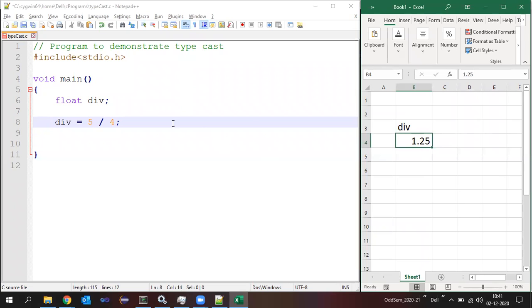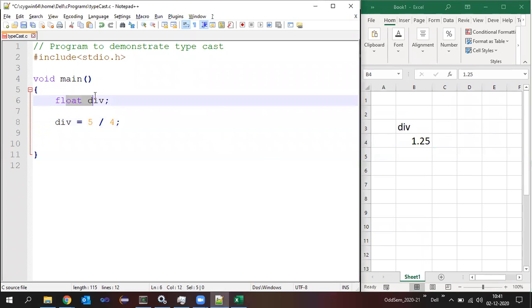When I declare this line, float division, in the memory there will be one particular memory block for division. In the next line, the 5 divided by 4 operation will be performed, and that result will get updated in division. Now I print the value: printf, double quote, division equal to.